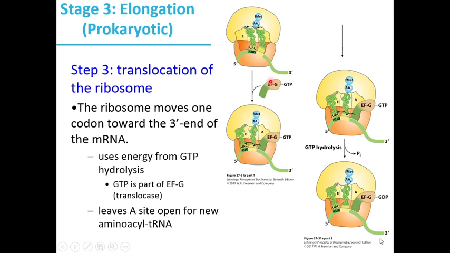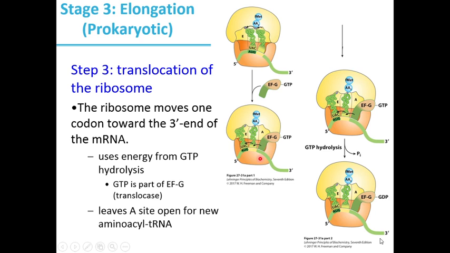To move this codon, energy provided by the hydrolysis of GTP bound to the elongation factor G, or translocase, is used. The dipeptidyl tRNA is now entirely in the P site. As you can see, in the translocation, it was in the A site, the dipeptidyl tRNA. Now it's in the P site.